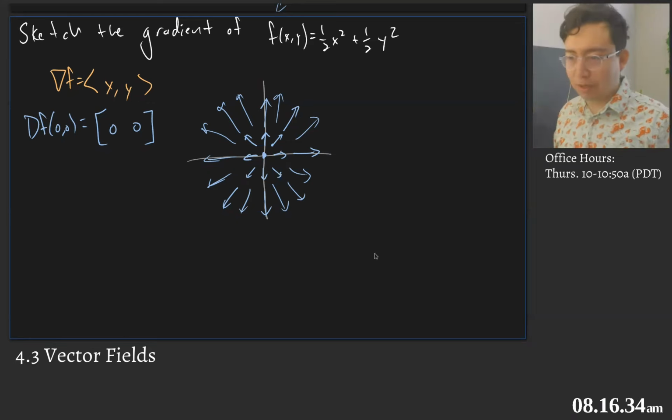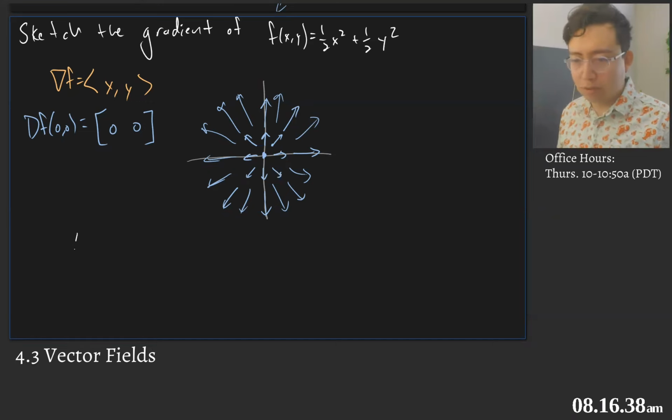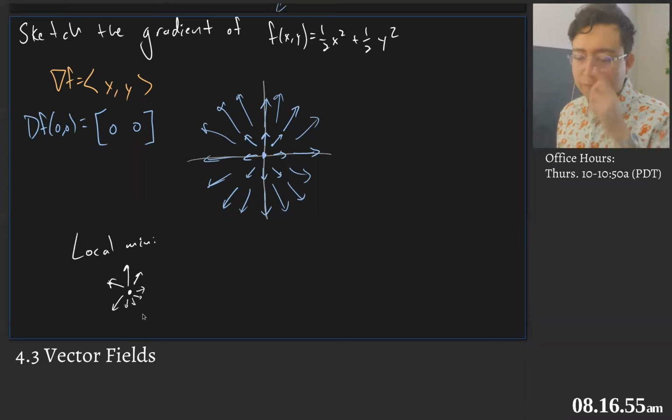So let me say that. A local min would look like something like what we're seeing here. So in every direction, it's growing out. Now, they don't have to all be the same length for it to be a local min, but they should all be increasing. Okay.